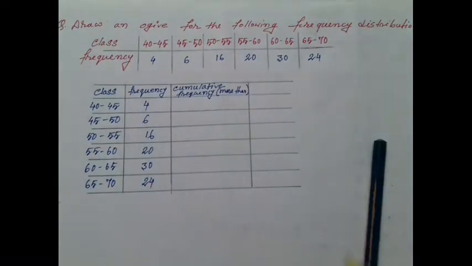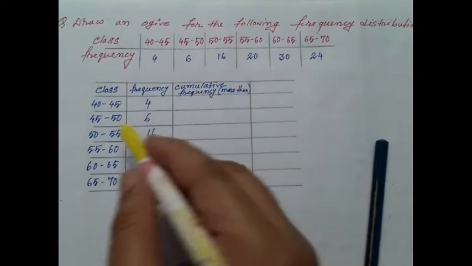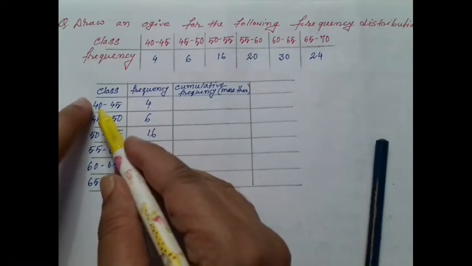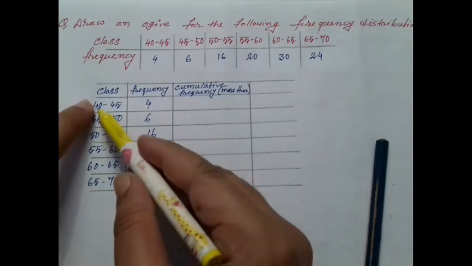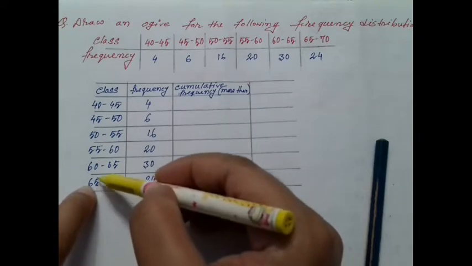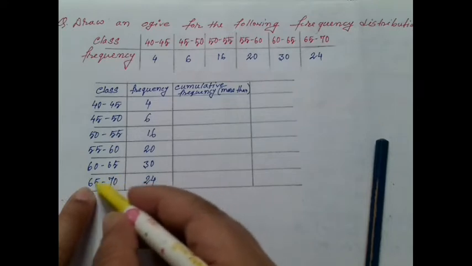Now to get cumulative frequency more than type we have to use the lower limit of any class. So lower limit 40. We may start from here also, but 65 we have to come at the last. So 65 is the lower limit for the last class.